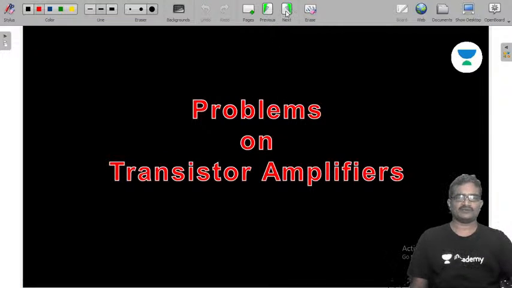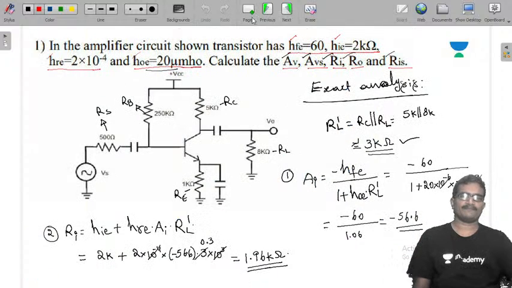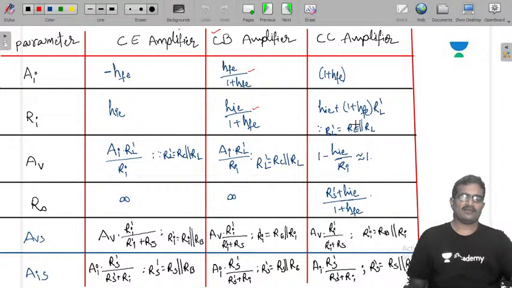Now, problems on transistor. We already completed some part of that. This is the analysis and comparison of CE, CB and CC amplifiers, with different parameters and their respective values.